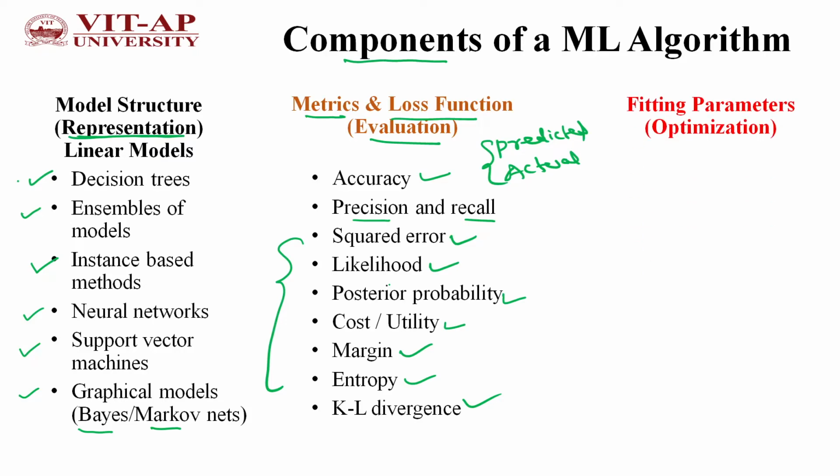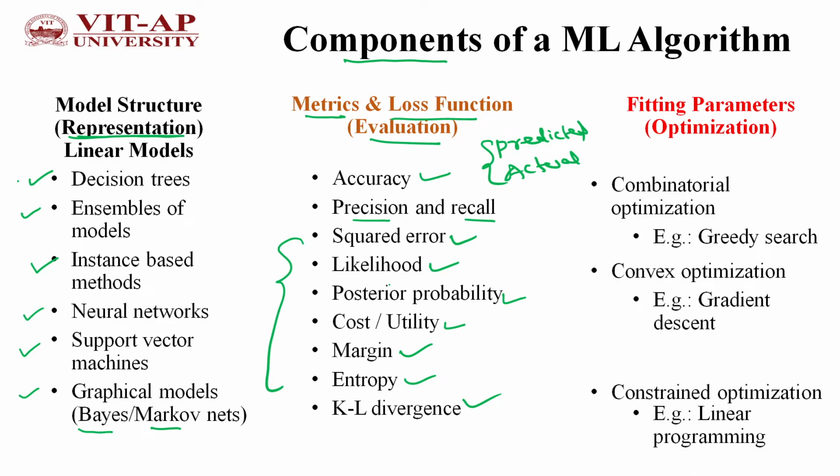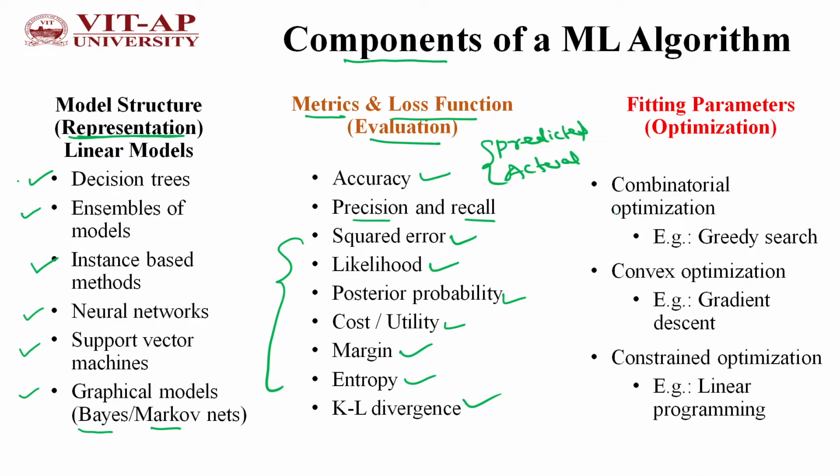Then after finding the error, we can optimize the model. For optimizing the model, we can go with combinatorial optimization by using the greedy search, or convex optimization by using gradient descent algorithms, or constrained optimization with linear programming.